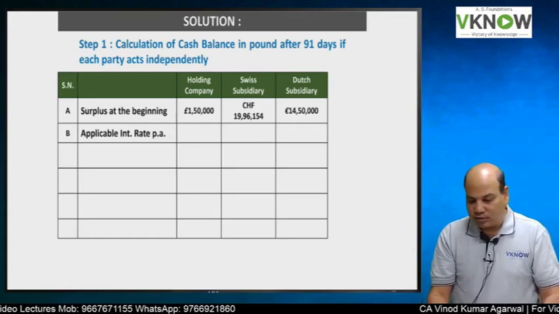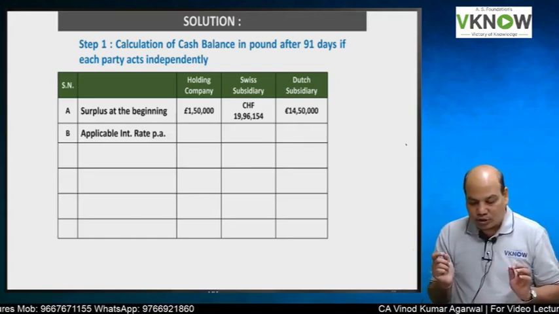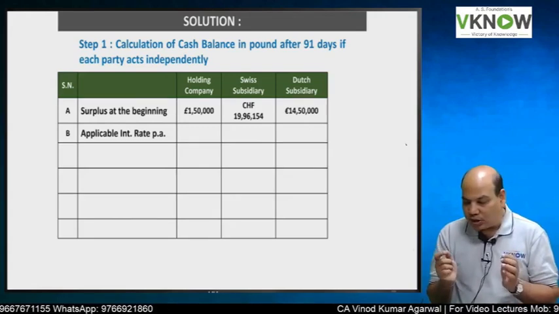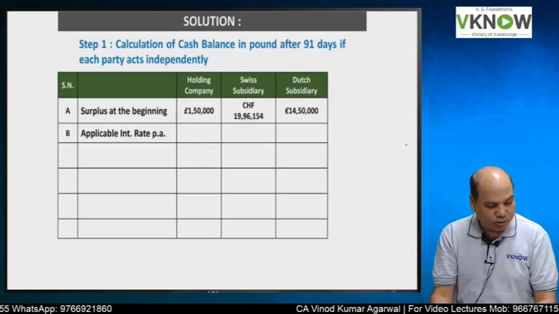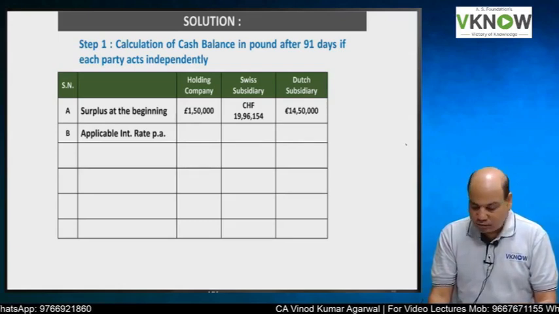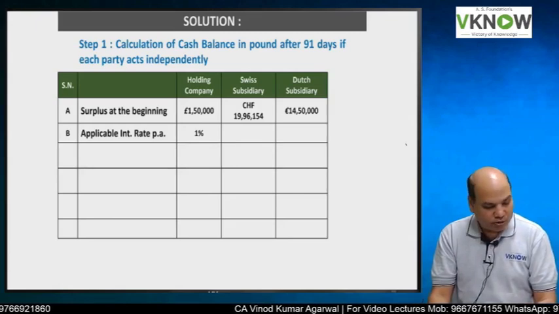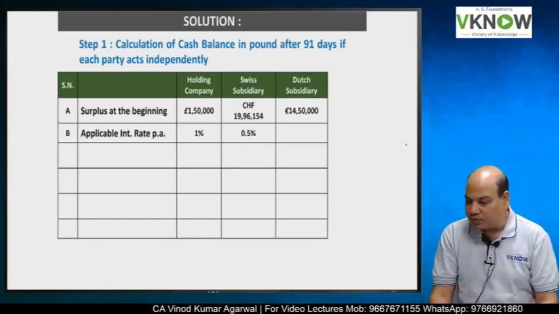What is the interest rate applicable to holding company if it has to invest 1,50,000 pounds? One student has replied 1%. You are right. Swiss subsidiary, look at the CHF column and look at the range 10 lakh to 20 lakh. Is it 0.5%? Very good.